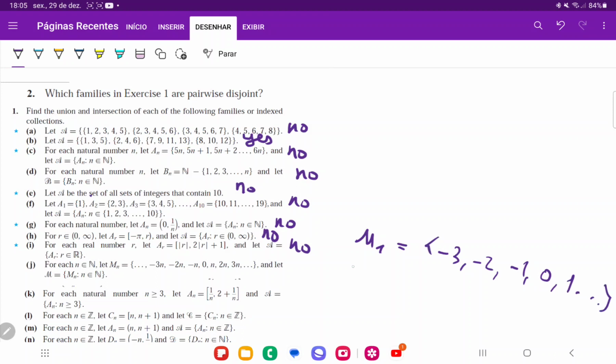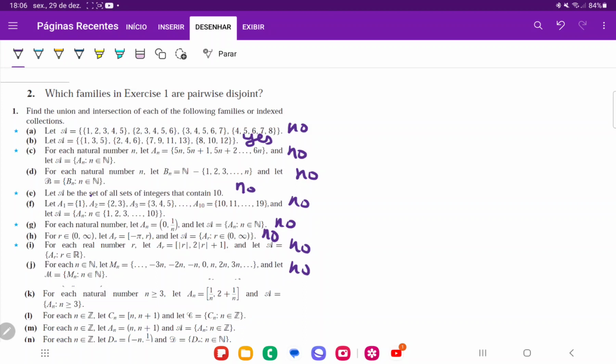And if I do M2, and I should indicate that these are infinite, it's going to be -4, -2, 0, 2, and so on and so forth. And so we can see that they're not pairwise disjoint because 0 is going to be in every single one of them, but you also do have other ones as well. So not pairwise disjoint. So that's going to be a no.